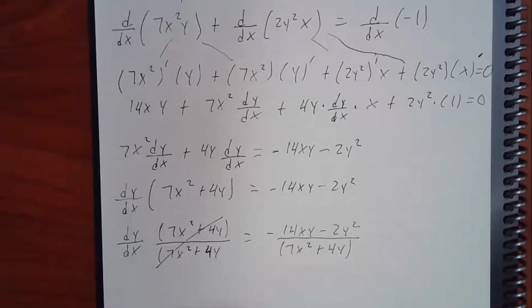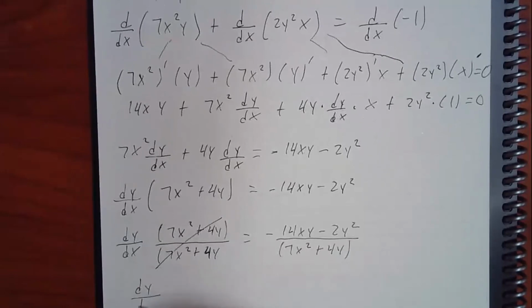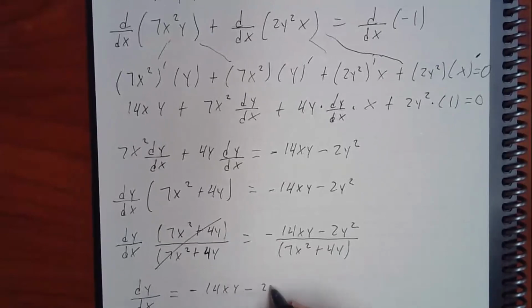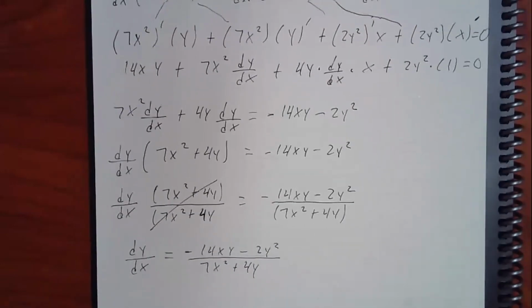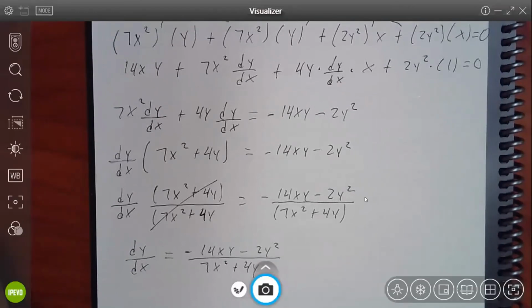These are gone. So dy dx derivative is equal to this right here. So this is going to be a little algebra intensive, not as bad as the last section, but just depends on what type of derivative you're doing. Okay. Any questions on the implicit derivative?